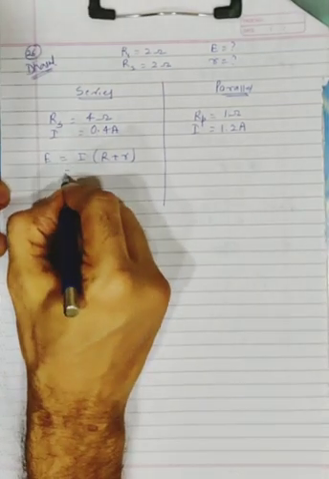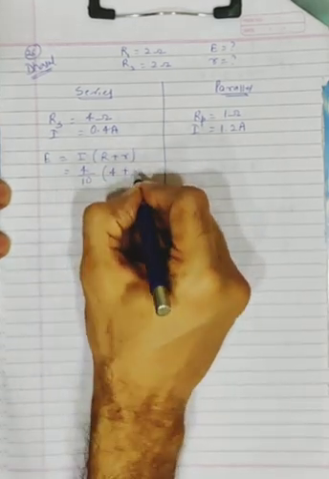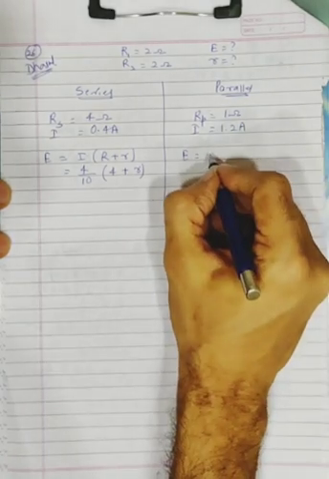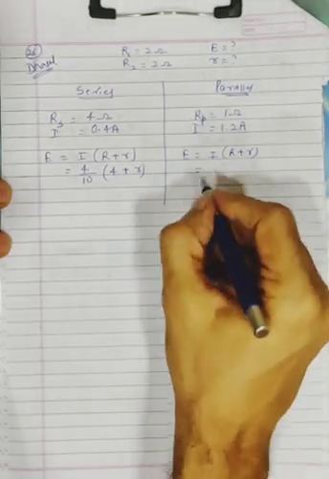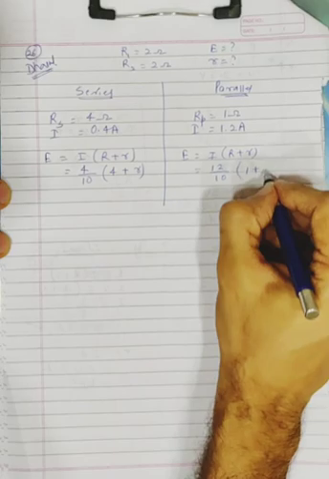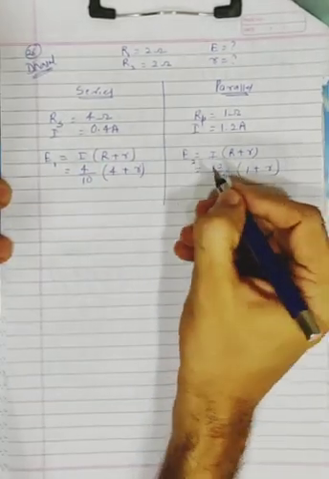Now what is I equal to? 0.4. Big R is also 4. Small r we don't know. EMF is equal to I, big R plus small r. What is I? 1.2. Big R plus small r. So that's your EMF 1 and that's your EMF 2.